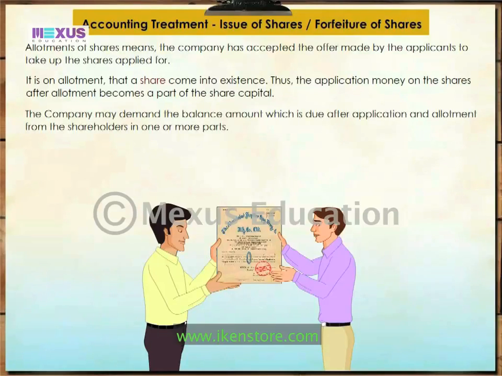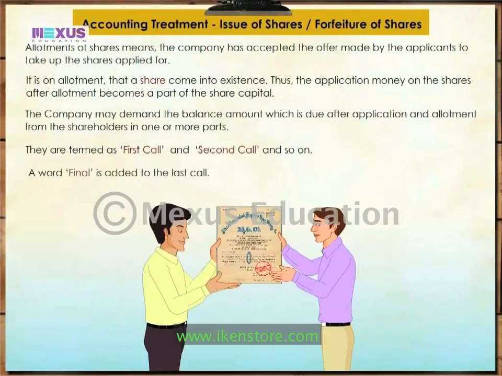The company may demand the balance amount which is due after application and allotment from the shareholders in one or many parts. They are termed as first call, second call, and so on. A word final is added to the last call.